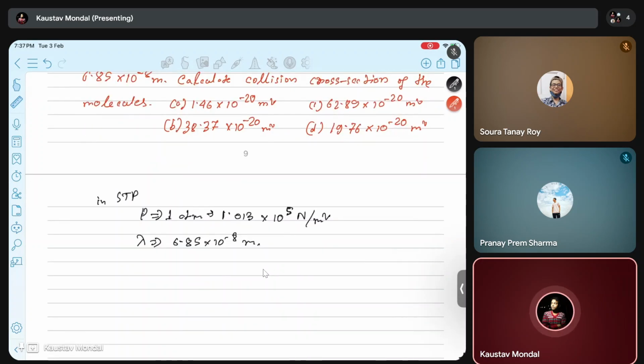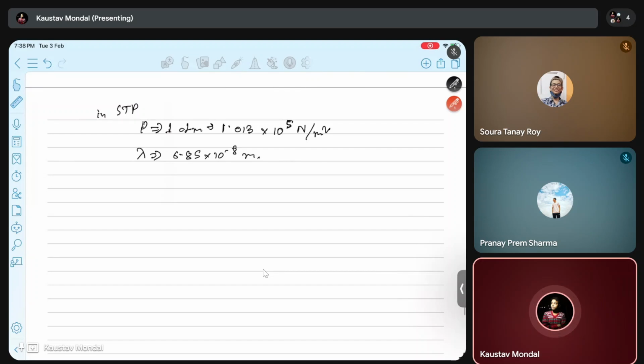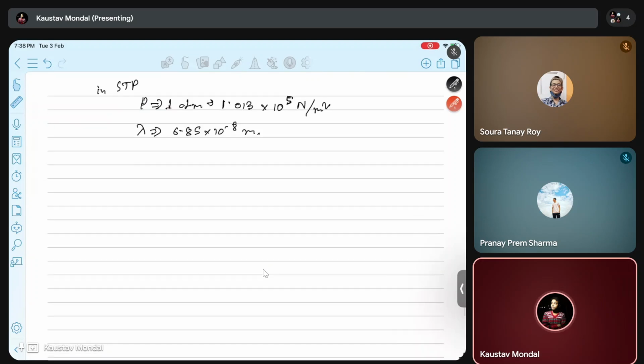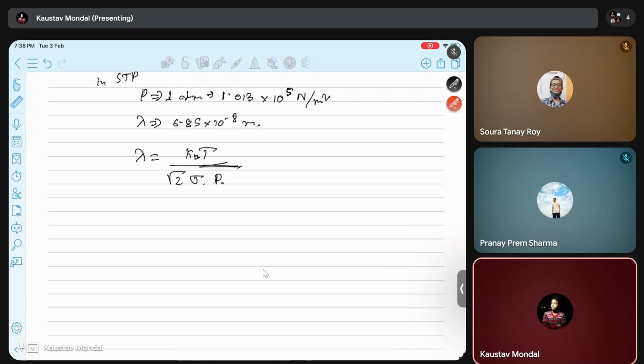Using the similar expression in terms of pressure, lambda is kBT by root 2 sigma P. So from here sigma is kBT by root 2 into P into lambda.